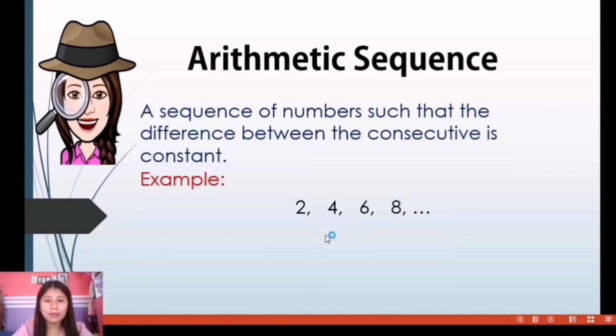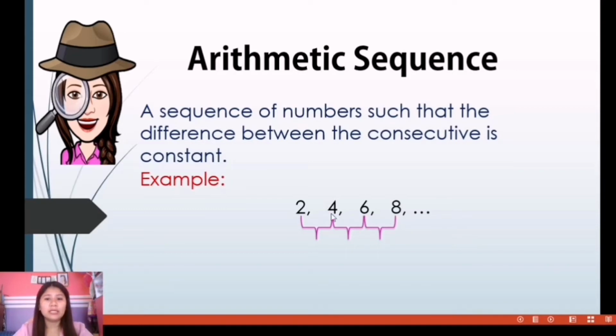So dapat pare-parehas ang common difference nila, that makes it an arithmetic sequence. Just to make it clear, you're just going to subtract the preceding term from the previous term. So, 4 minus 2, and then 6 minus 4, and 8 minus 6.